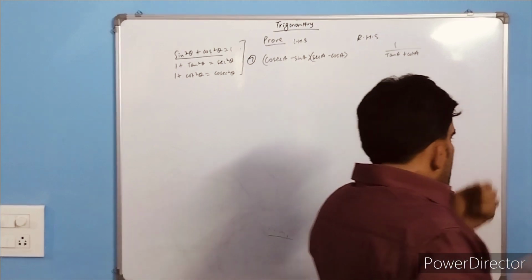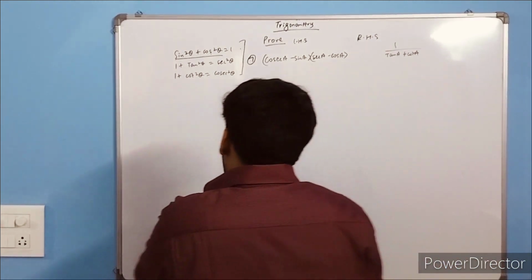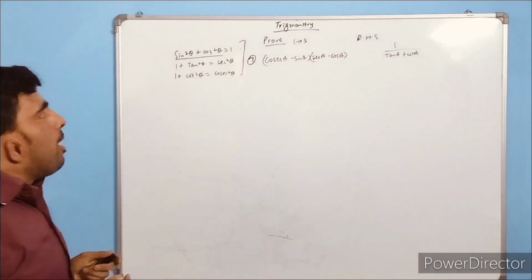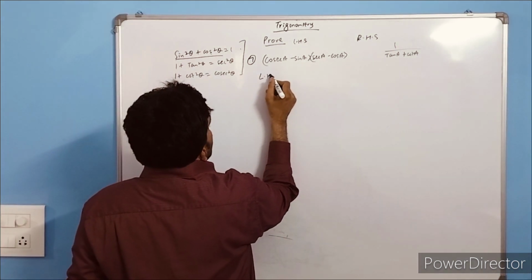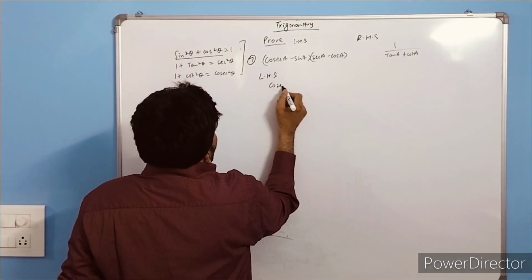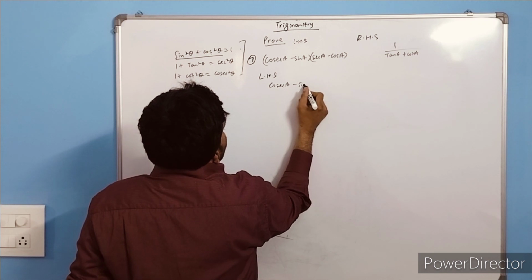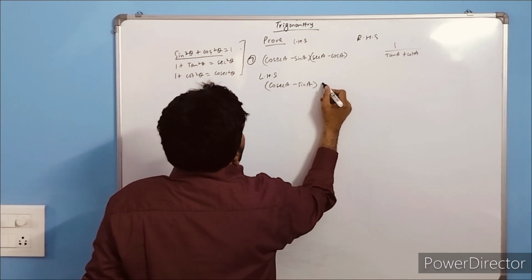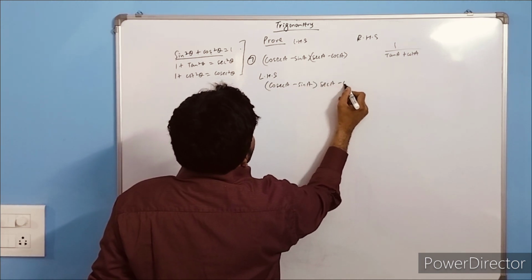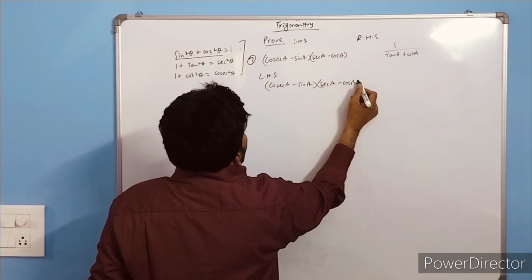Let us see how we can sort it out. First, the LHS: cosec A minus sin A into sec A minus cos A.